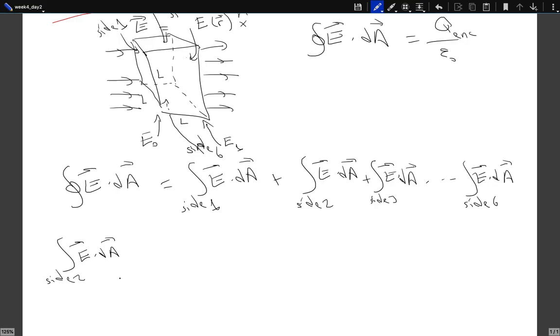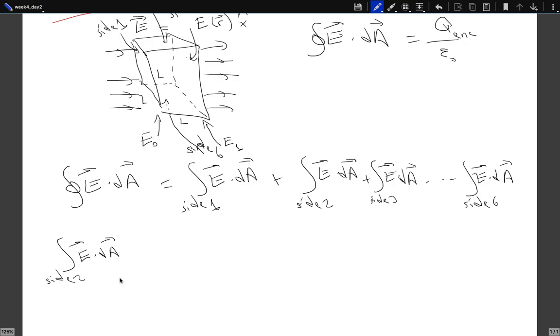You see, the area vector is perpendicular to the surface and it points from inside to outside. So if you define the inside as that smaller region, then dA is pointing towards you. This is the direction of dA. What is the direction of E? The electric field on that side 2 is in that direction.